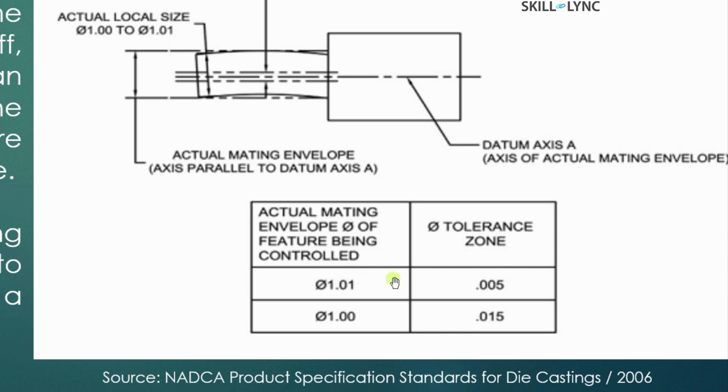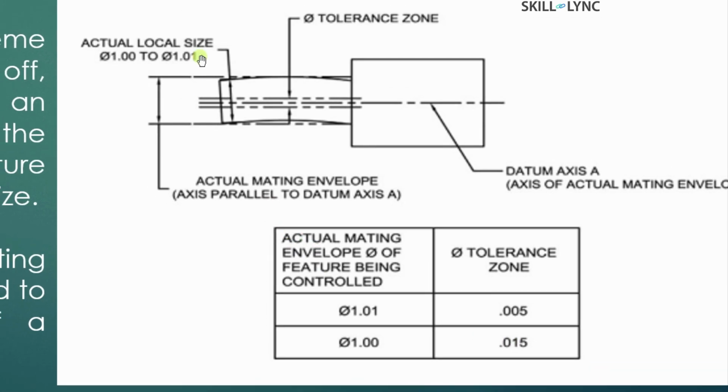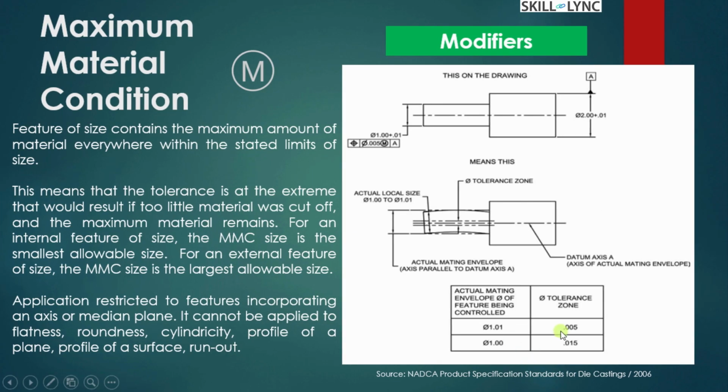So for this the maximum is 0.01, whereas for this it can extend until 0.15. So this is the maximum condition that we get. So please refer to the previous slides where we had looked into the flatness conditions, where the maximum material condition was covered. So this is how you allow the maximum material to be retained within your material. So this is applied to your straightness, not to flatness, but to the straightness.